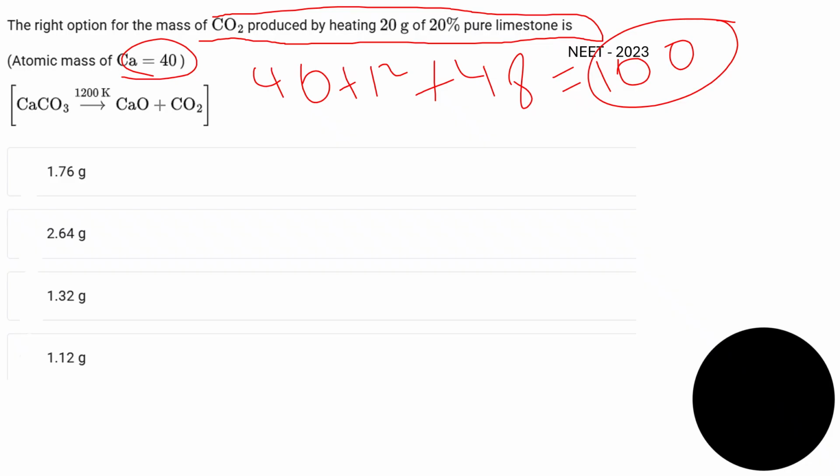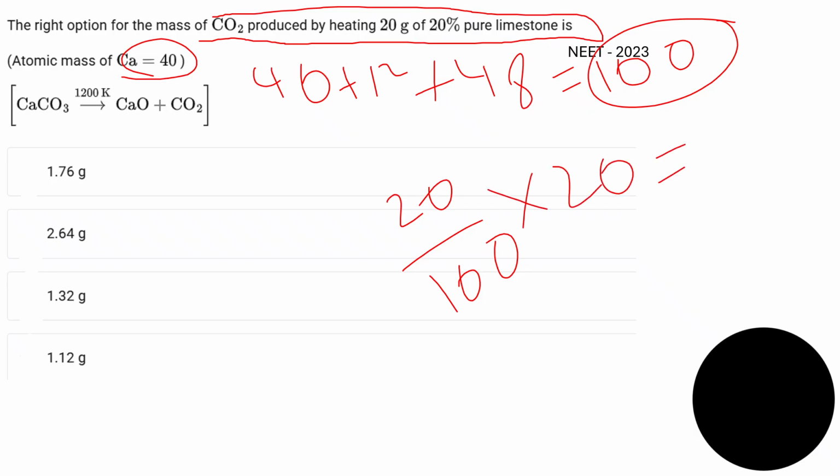So in 20 gram, only 20% of the limestone is reacted. We need to find 20% in 20 gram. How to find this? 20 percentage into numbers, so we will divide it by 100. 20% of 20 gram is nothing but 4. Only 4 grams of calcium carbonate is reacted, or else it is heated to give calcium oxide and carbon dioxide.